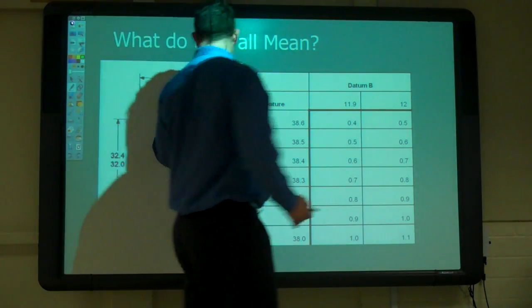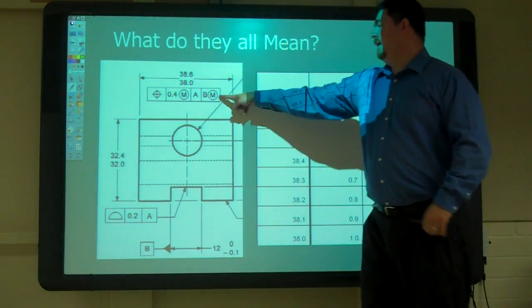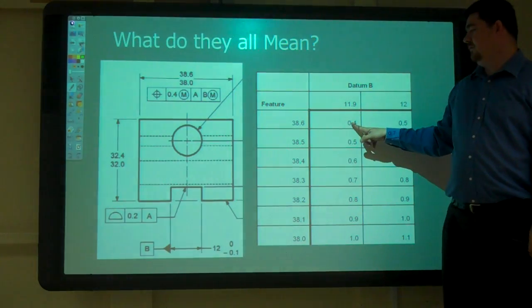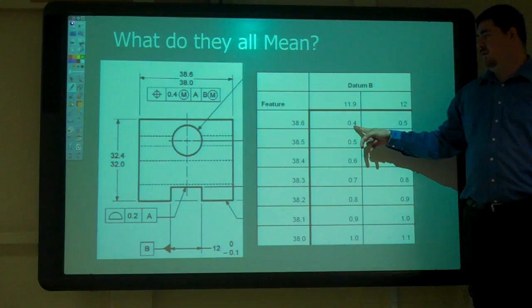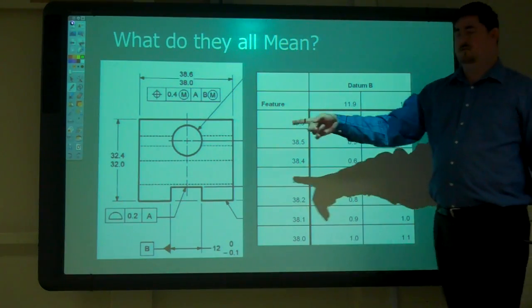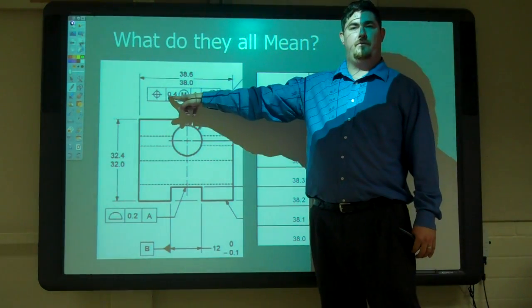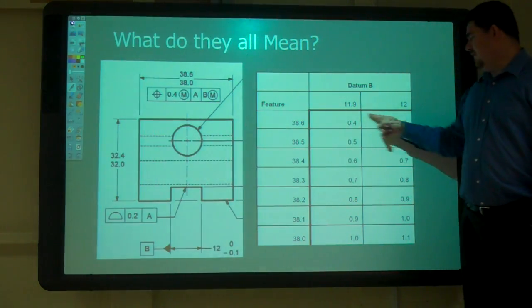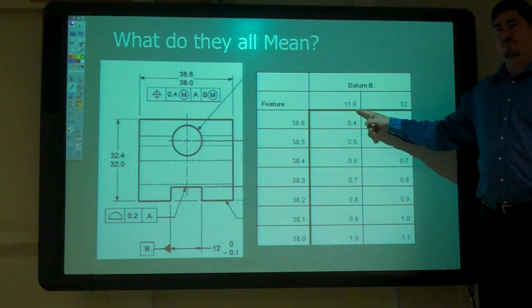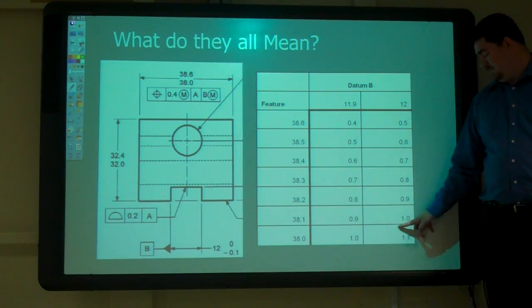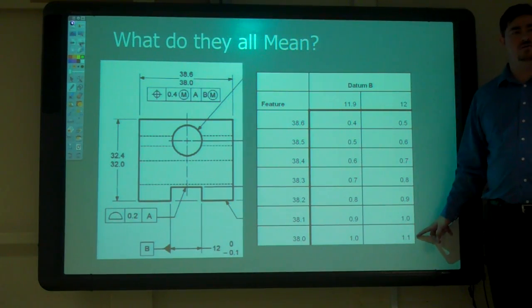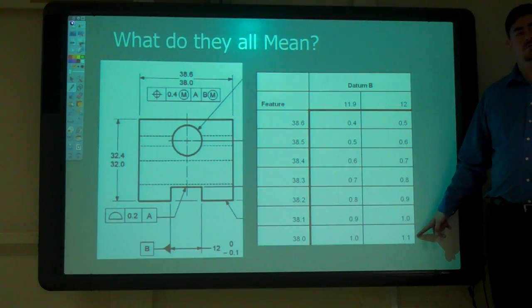So when both the feature and datum B are at maximum material, we have our 0.4 tolerance. If either one of them gets bigger, we move away from that and get bonus tolerance. If they're both at least material condition, our tolerance is 1.1 millimeters. So we can go from 0.4 to 1.1.